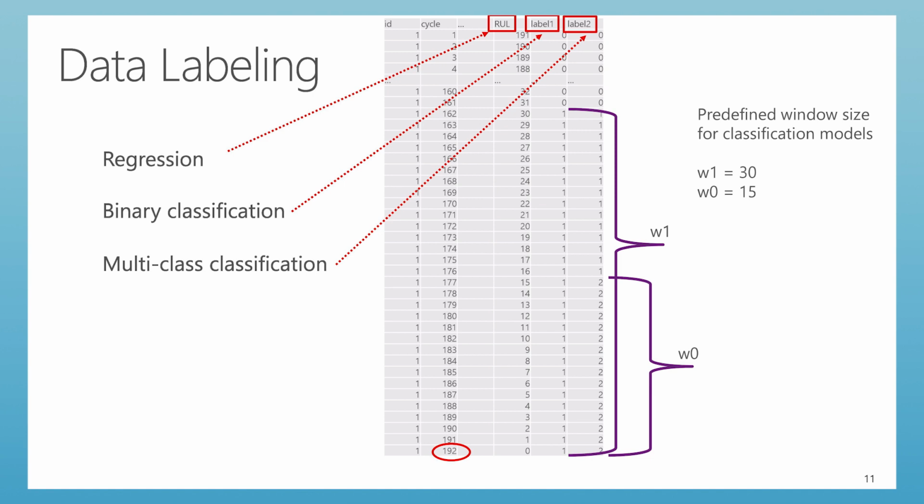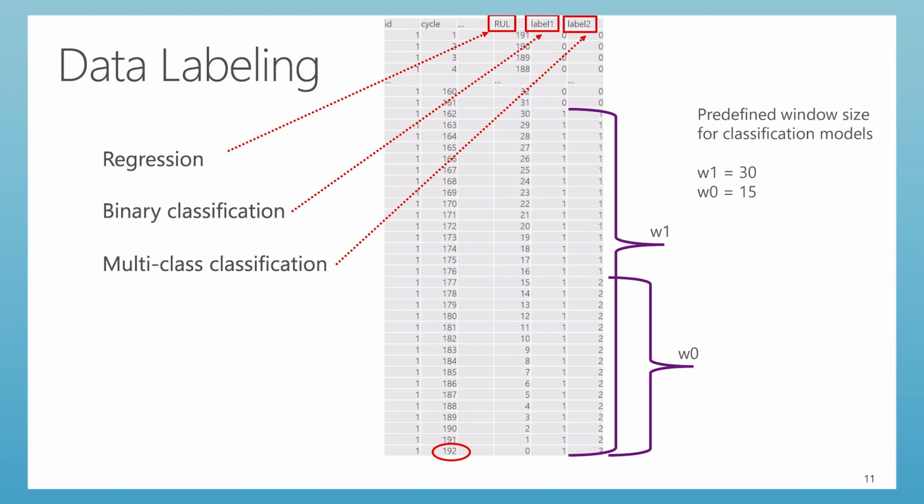So when you look at the label 1, you can see any cycles within the 30 cycle range, we label them as 1, which means it indicates a failure. And then any cycles beyond this range, we label them as 0, which means a non-failure event.